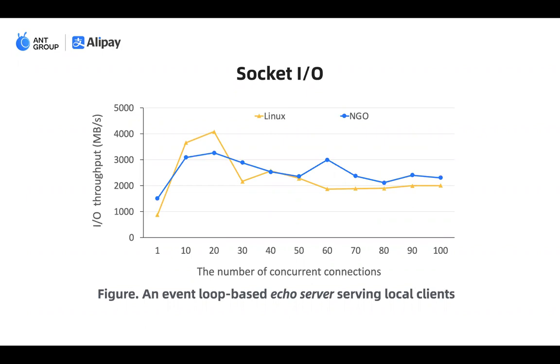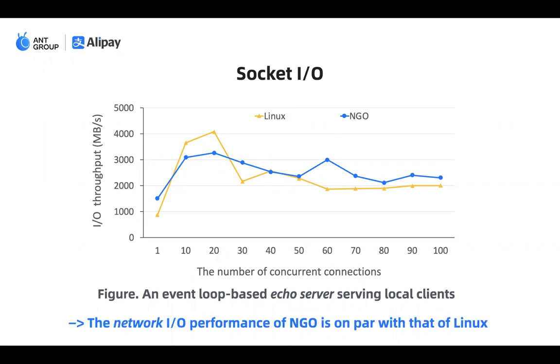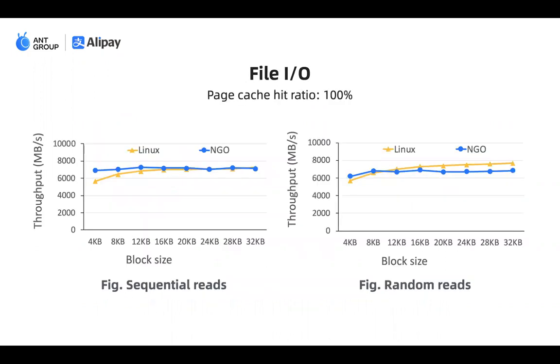You can see that as the number of concurrent connections increases, the overall I/O throughput of this server on Linux and NGO is on the same level. So the network I/O performance of NGO is quite close to that of Linux.